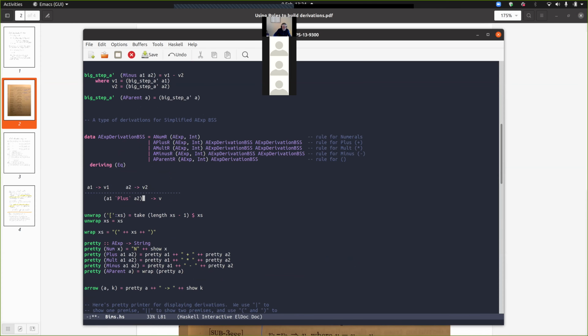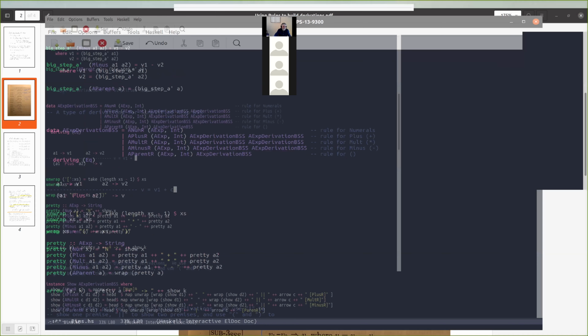And there's a side condition that says V is equal to V1 plus V2.